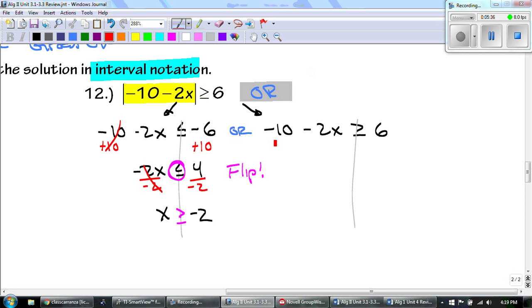The nice thing is that since we're doing the same problem, as we talked about in the other video, I'm doing the same exact steps, which makes it a lot easier. I just have to watch out because it's going to be a different answer. Look, I divided by a negative, I had to flip my sign, and then we get x is less than or equal to negative 8.